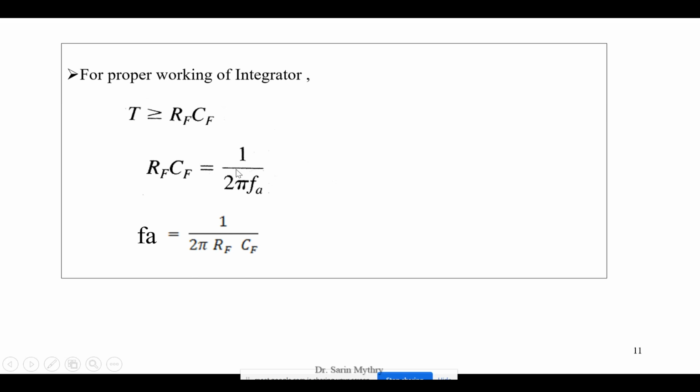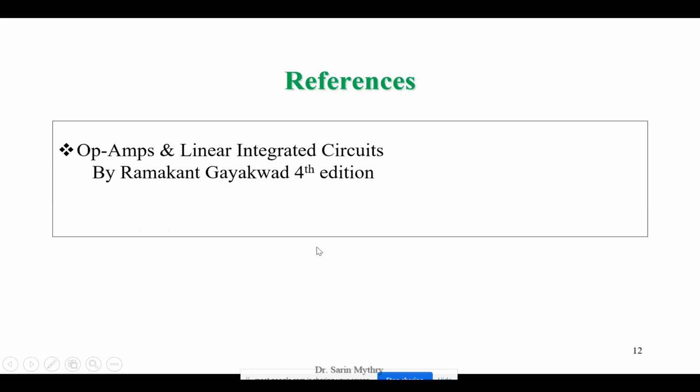And if you know the values of RF and CF, you can find out where the minus 3 dB gain is going to happen. So this is regarding what is meant by integrator, and these are the references which I have taken from the Ramakant Gaikwad book.